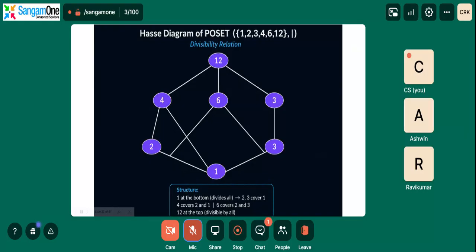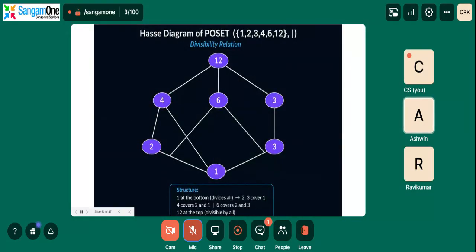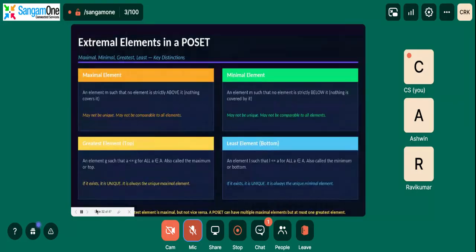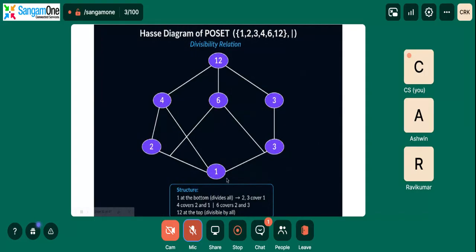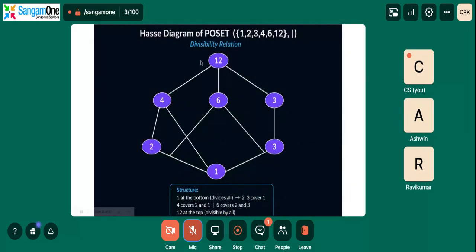And 12 is at the top. It is divisible by all these numbers. Maximal element: here 12 is the maximal element. Minimal element is 1. Greatest element, the top element, is also 12 here.